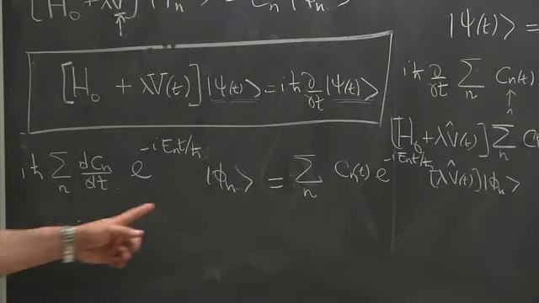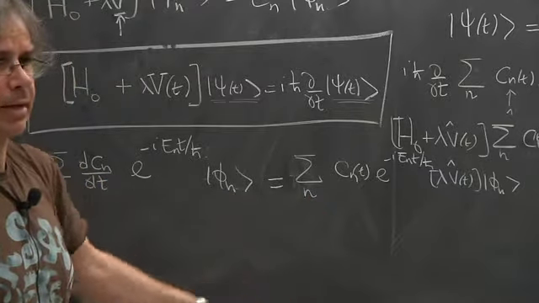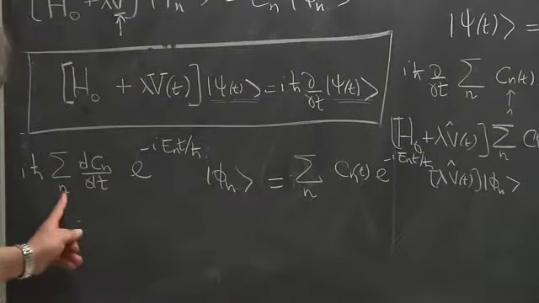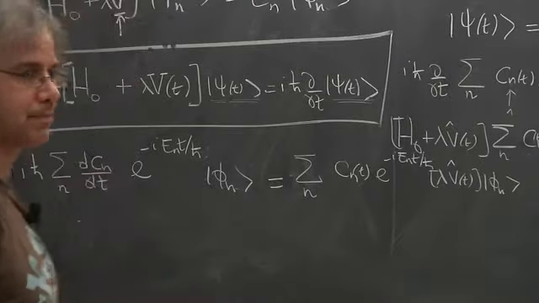Now, these are sums over n, but they are just dummy labels. I might call this sum over m, whatever.